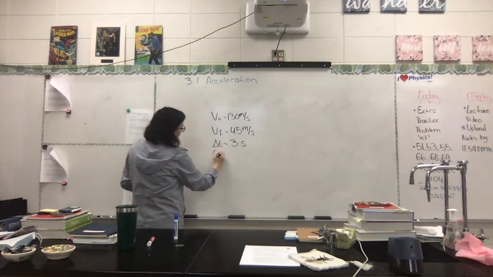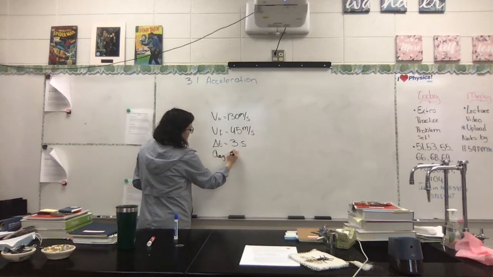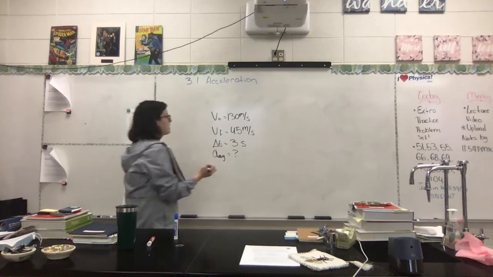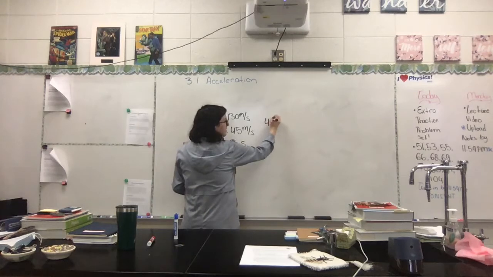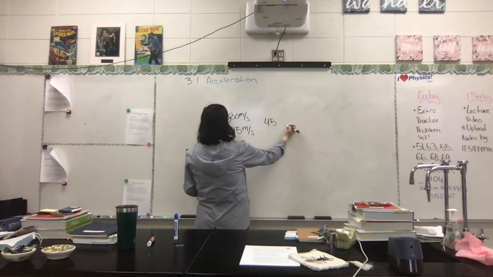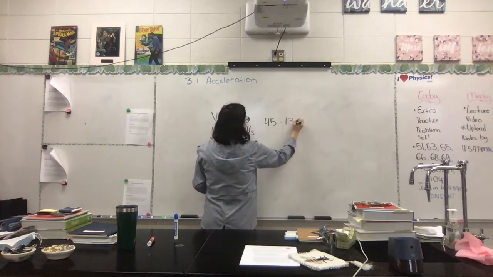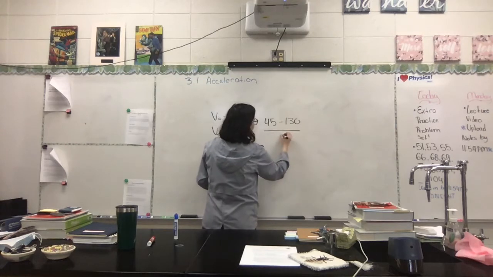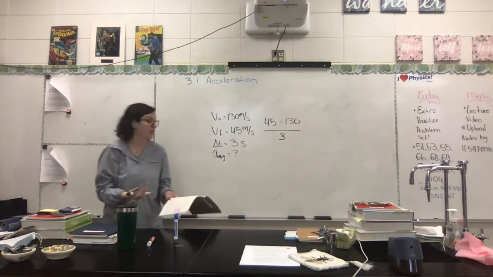And we want to know what is his average acceleration. So we're going to have to do final velocity minus that initial velocity divided by that change in time, all right?